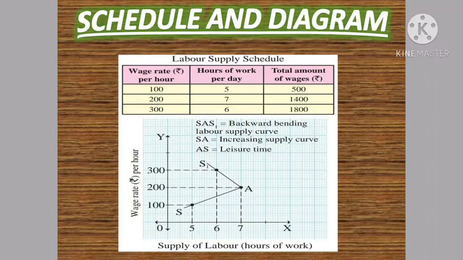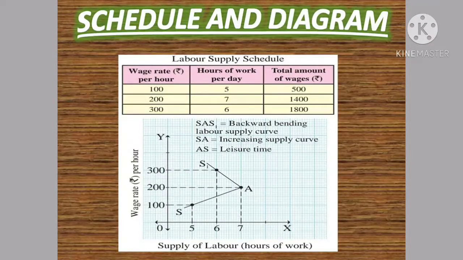In the figure, supply of labor, that is hours of work, is shown on x-axis and wage rate per hour is shown on the y-axis. The curve SAS' represents backward bending supply curve of labor.